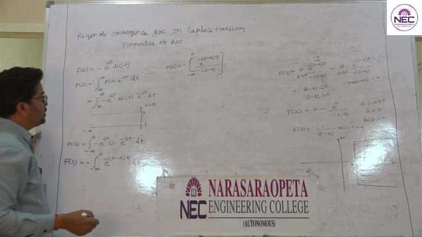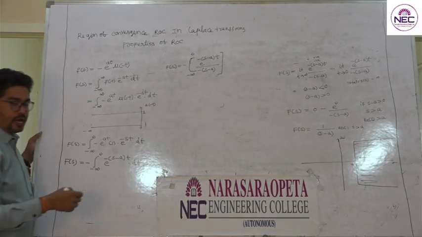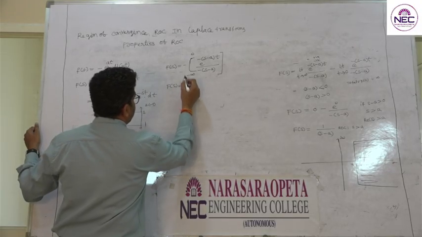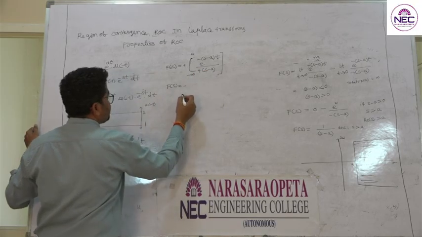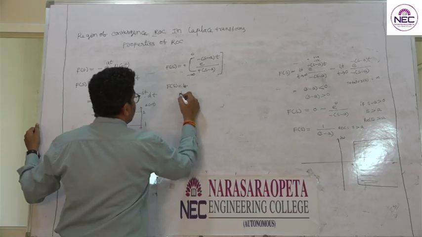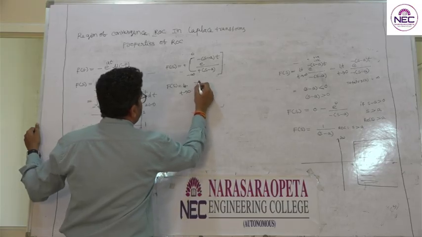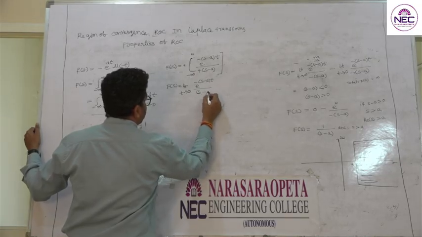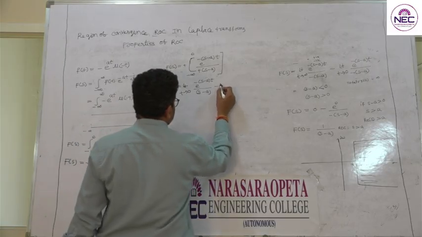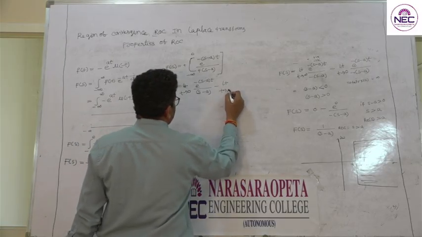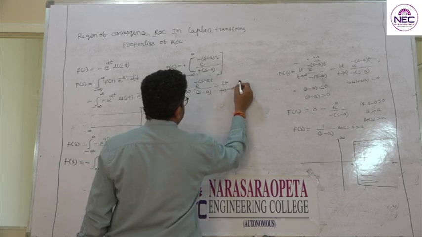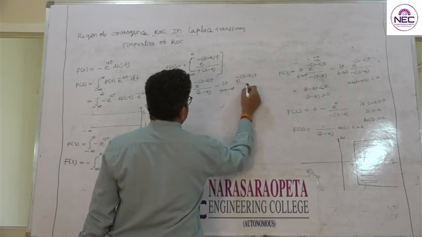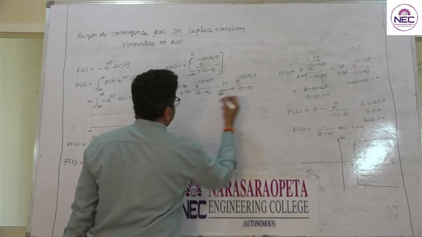Then apply the upper and lower limits. The minus signs cancel: limit t tends to 0 of e power minus of s minus a into t by s minus a, minus limit t tends to minus infinity of e power minus of s minus a into t by s minus a.